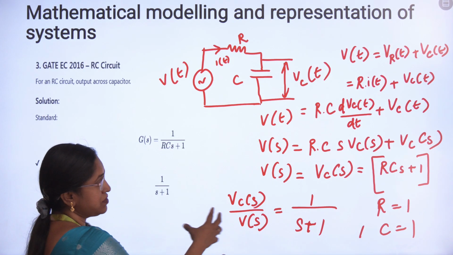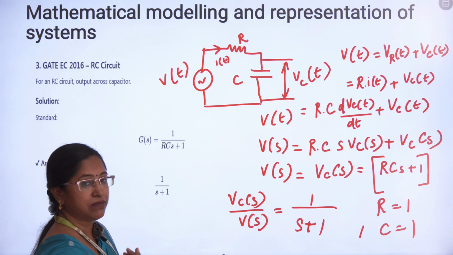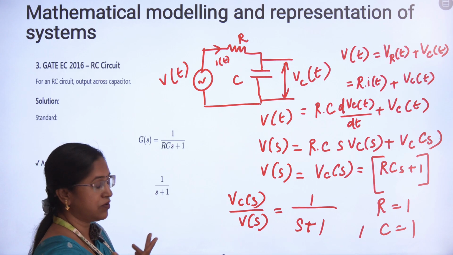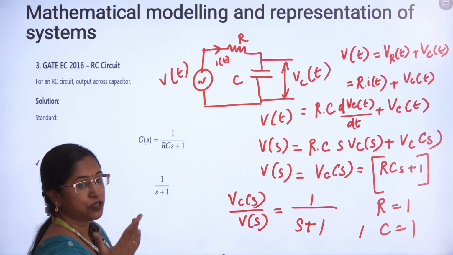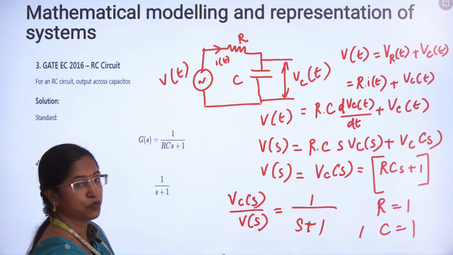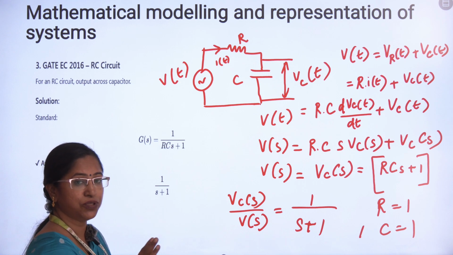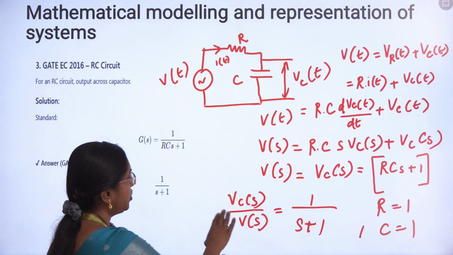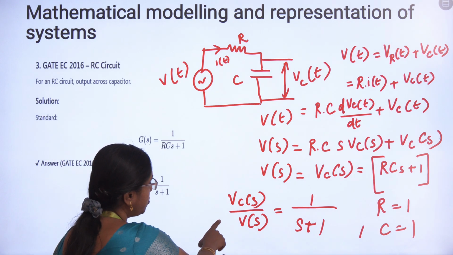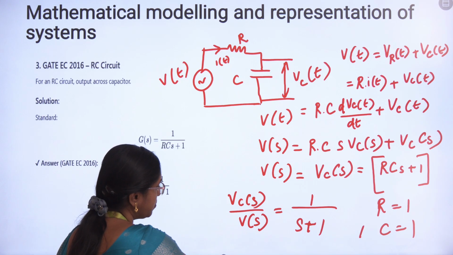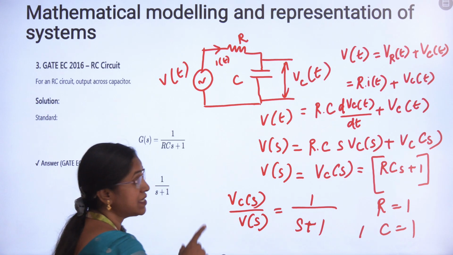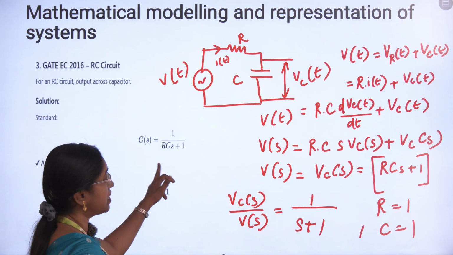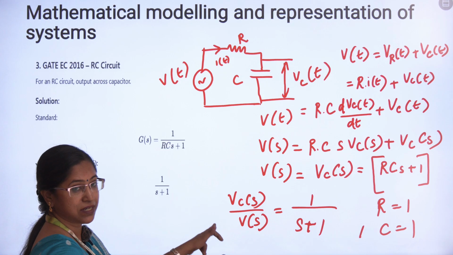As per the Laplace transform, the ratio of output to input with zero initial conditions gives you the transfer function. So when you take the ratio, Vc of s by V of s is equal to 1 by RCs plus 1, that is your transfer function.